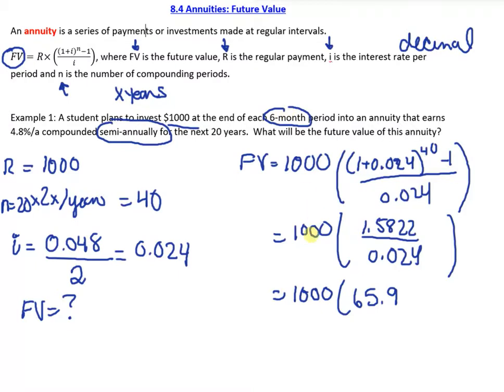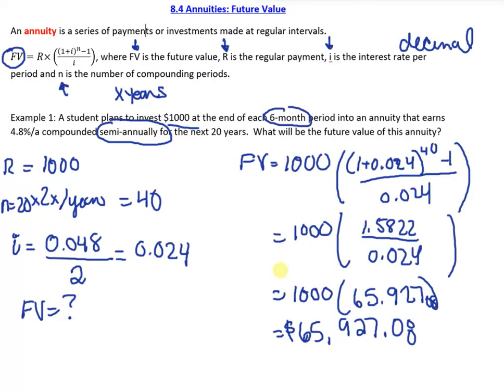Okay, so I get 65.927, and let's multiply that by 1,000. And I get approximately 65,927. And if you want the cents, I get 08. So there would have been an 08 in here.